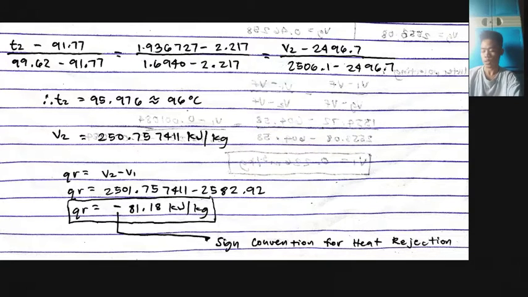By substituting it, QR equals 2501.757411, that is the value of U2, while the value of U1 is 2582.92. And by calculating it, QR equals negative 81.18 kilojoules per kilogram. That sign is the convention for heat rejection.